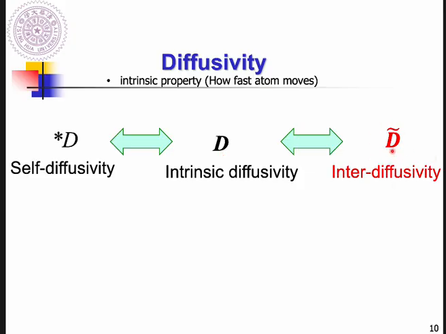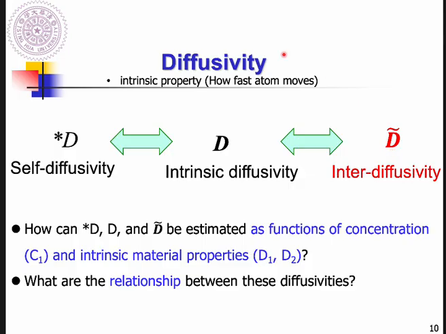And the interdiffusivity we care about most, which we are interested in, is the diffusivity you measure when you stand outside your materials at the lab. Okay, so we need to know how to measure the three diffusivities as a function of concentration and also the intrinsic material property.